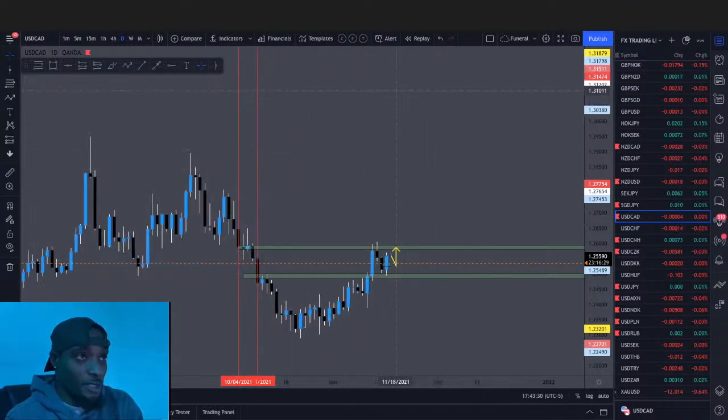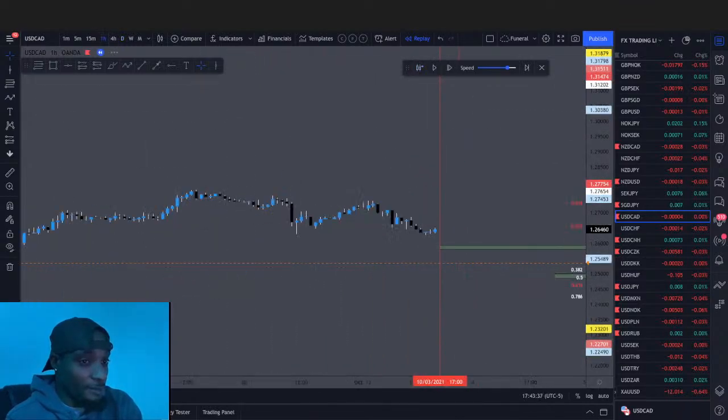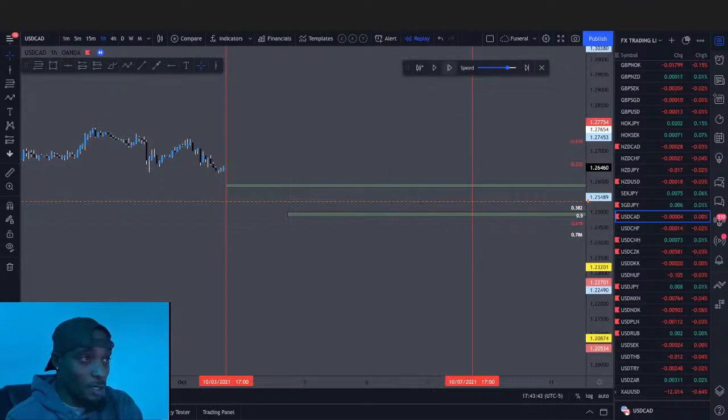And then what you do is you take your replay tool, you go back to the beginning, and then you drop down on your lower time frames, and then you have the beginning and end of that week. So now you'll do your back testing.